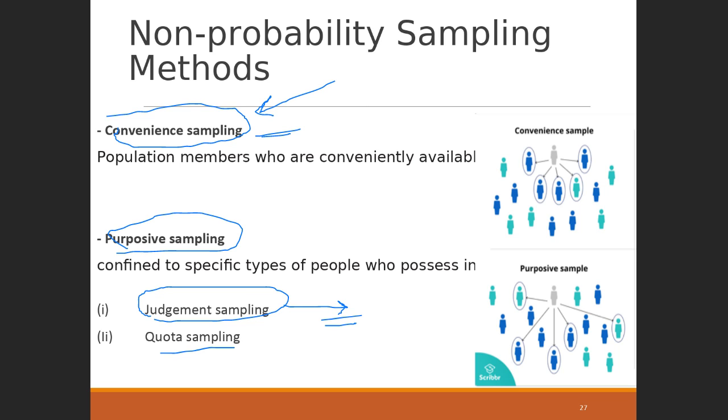In this case, quota sampling is similar to stratified sampling, but the difference is that the selection of the sample in quota sampling is on a convenience basis or non-probability basis, and not on a random or systematic sampling basis. So the selection of subjects in quota sampling is on a convenience basis and not on the probability basis, which is the case with stratified sampling.